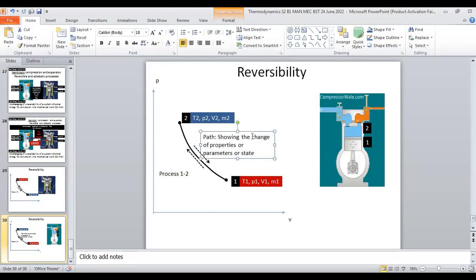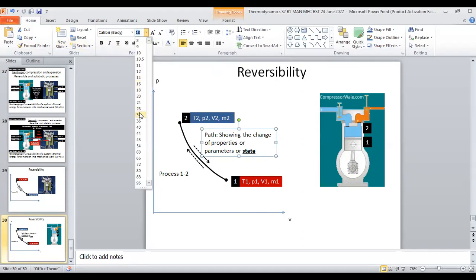Showing the change of properties or parameters of state. So this is the main word we are using: changing the state. Okay. Interesting.